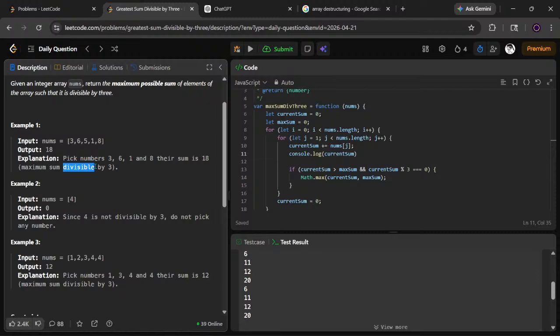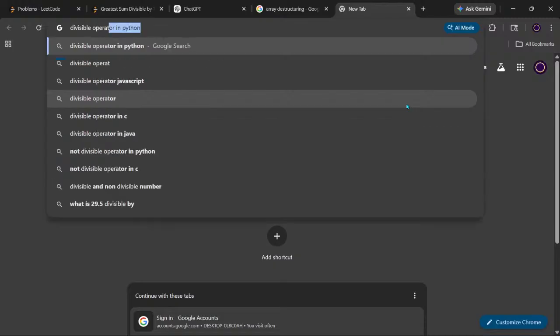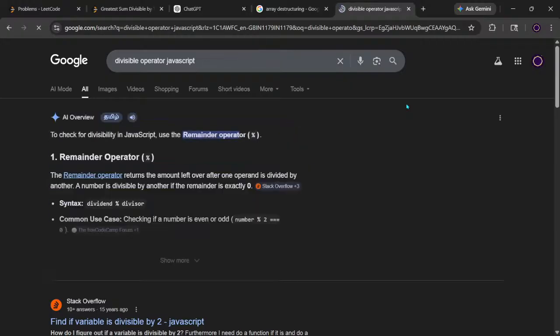It is divisible by... some divisible. Is it divide or modulo?